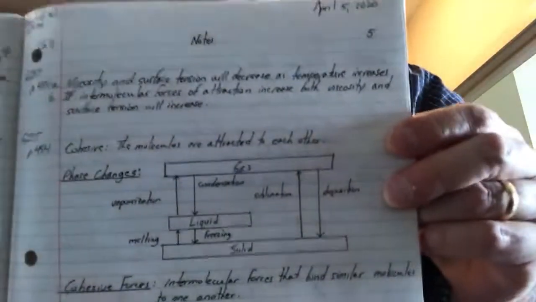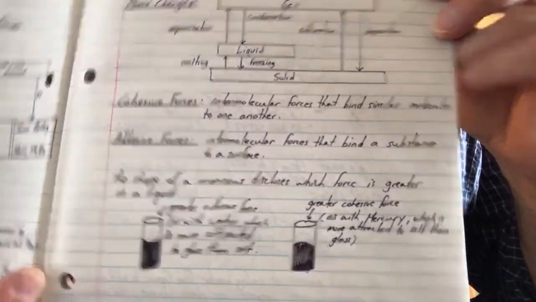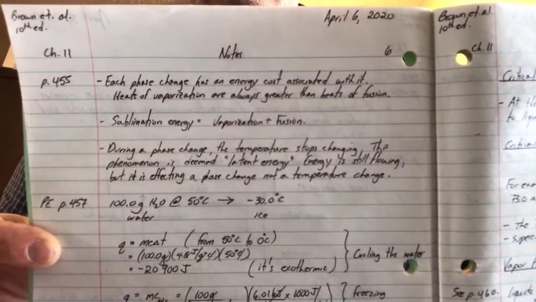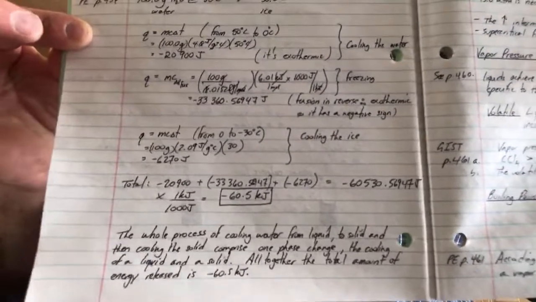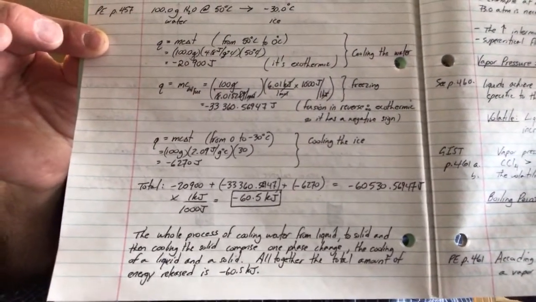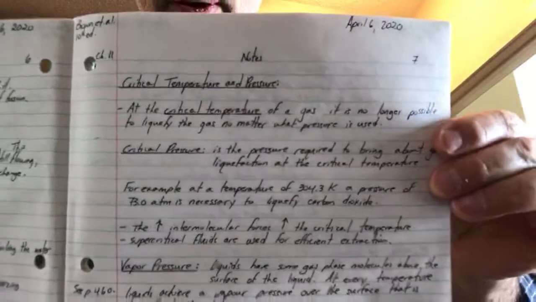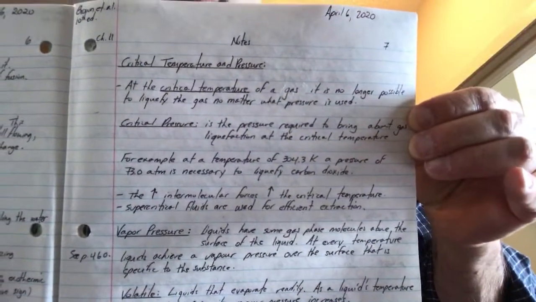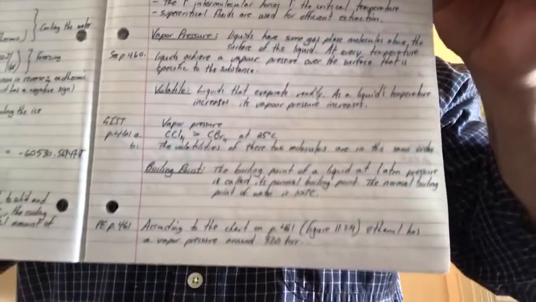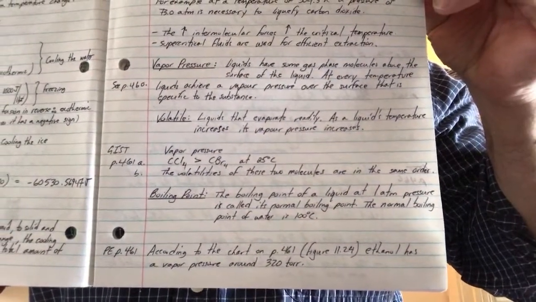I showed you page 5 notes, and there's the bottom of the page. Page 6 notes. There's the bottom of page 6. Hope you can read it. Page 7, top of the page. Sorry, bottom of page 7. Then top of page 8.